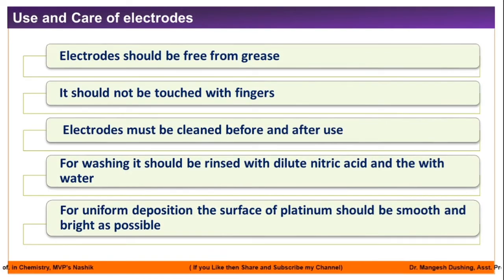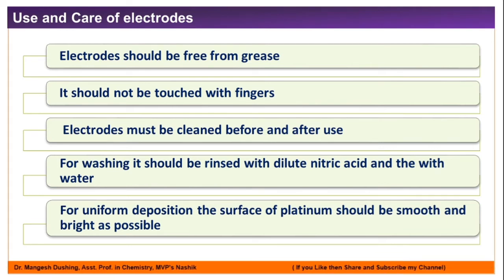Next is the use and care of electrodes. How to use and take care of electrodes, because the gain in weight of the electrodes, that is the metal deposited on the electrodes, we have to weigh. For that purpose we have to take care of the electrodes. So first, the electrode should be free from grease.